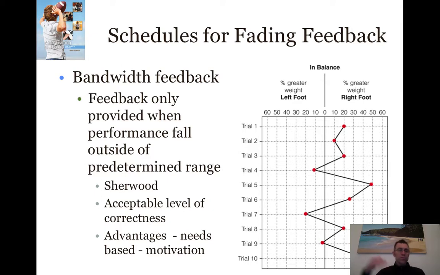If performers stay within a good range, you know their practice is going to lead to improved performance, and they don't need feedback. But if they start to drift out of that range, then feedback is provided.